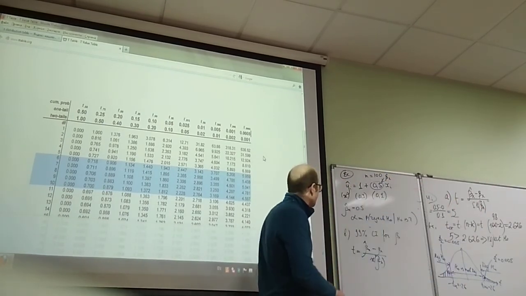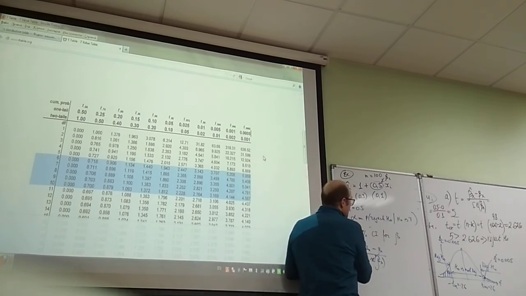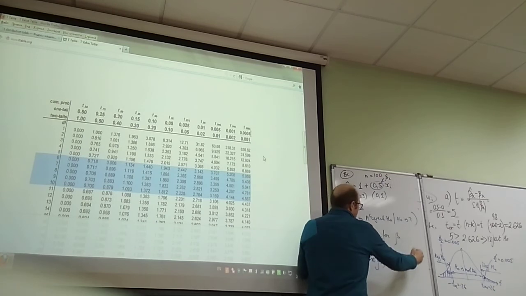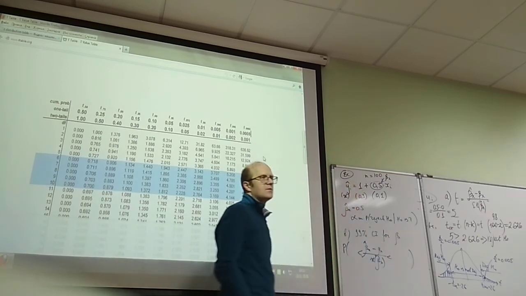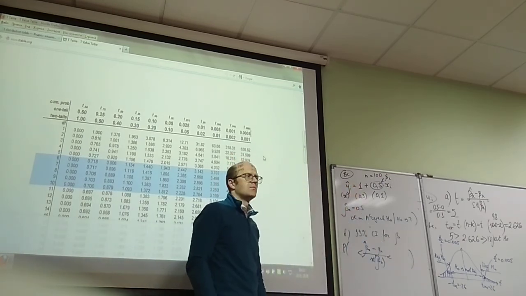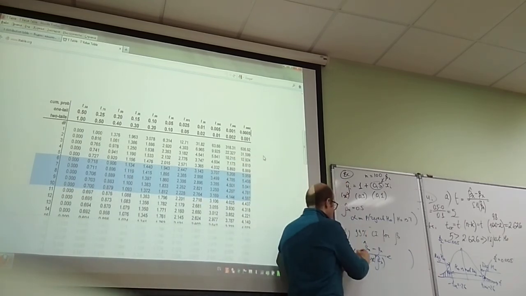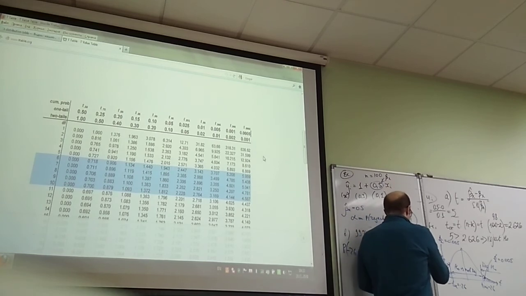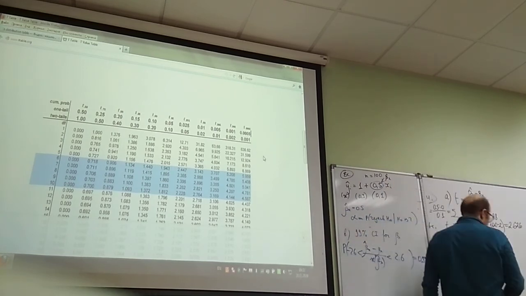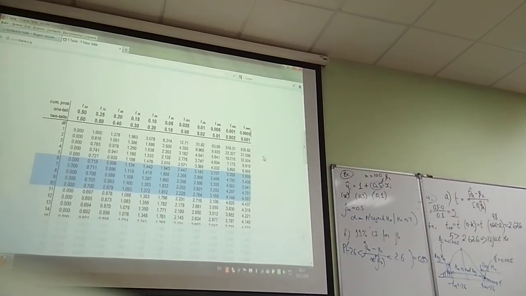Okay, and I know that with probability 99%, this fraction lies between which two limits? Minus 2.6 and 2.6. That is with probability of 99%. So that follows the picture. We also have a standard error for beta x. It's 0.1, right?